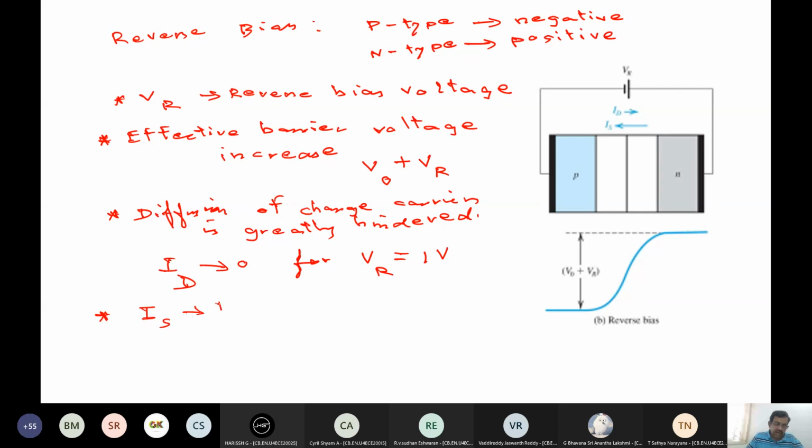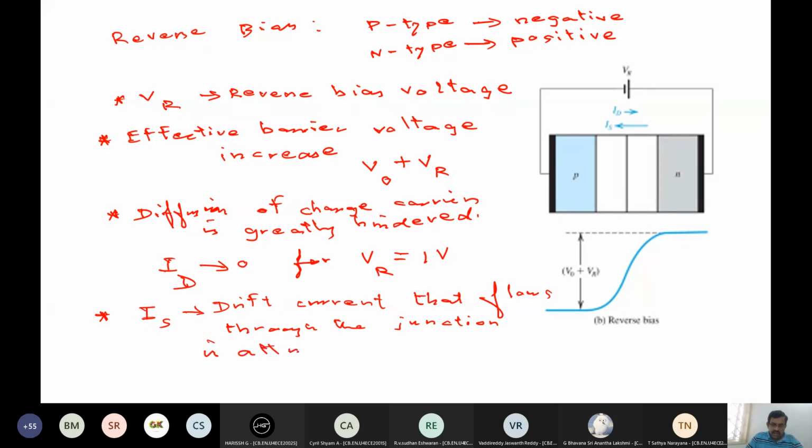IS is actually the drift current that flows through the junction, and is attributed to the movement of minority carriers.